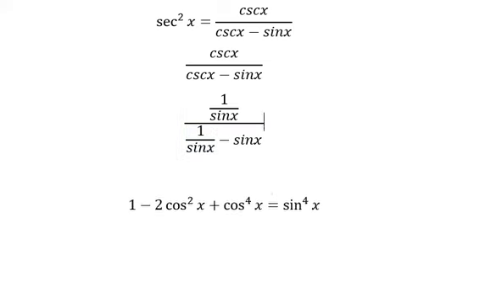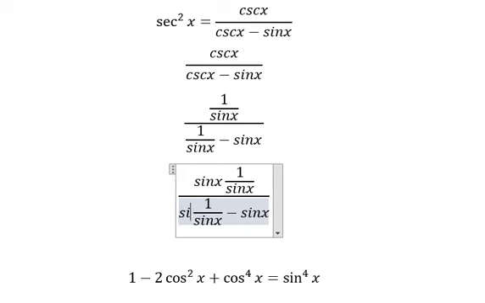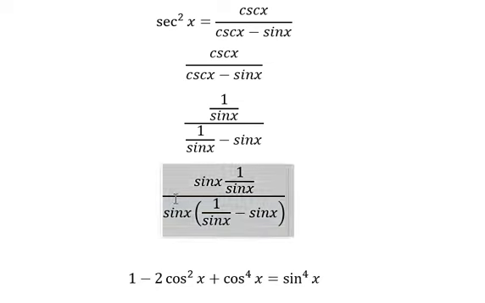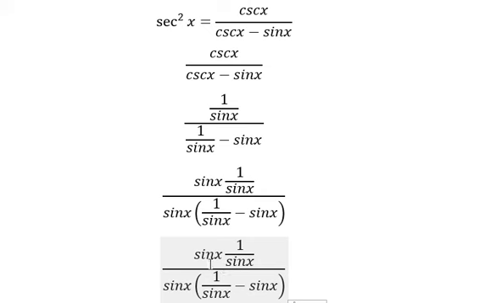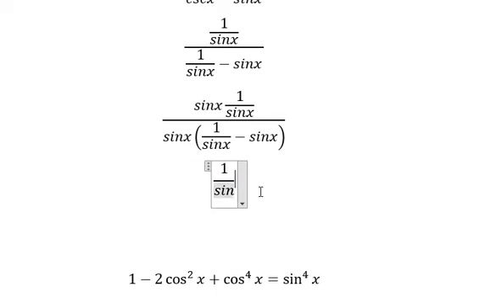Next, I will multiply sine s on the numerator and denominator. So this one divided by this one, you get the number 1. Sin s multiplied by 1 over sin s and sin s. So we will have 1 minus sin s squared.